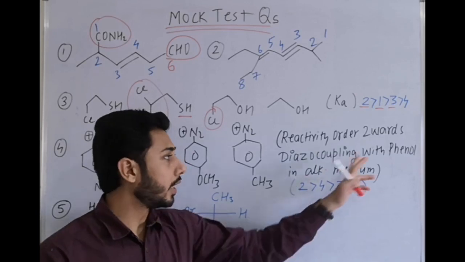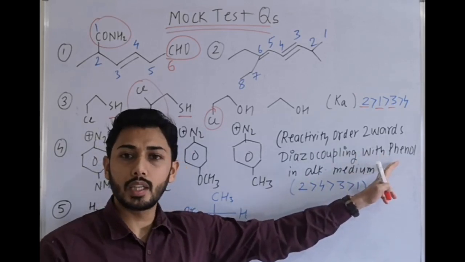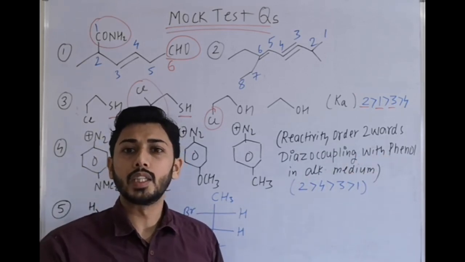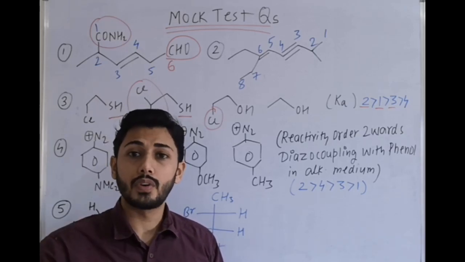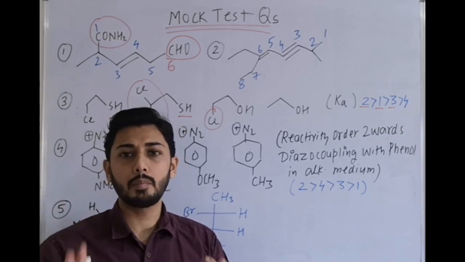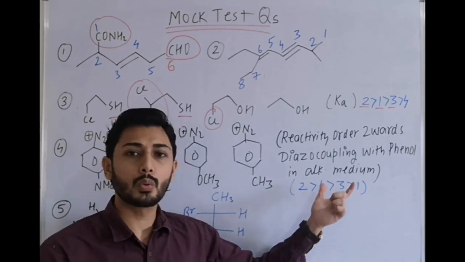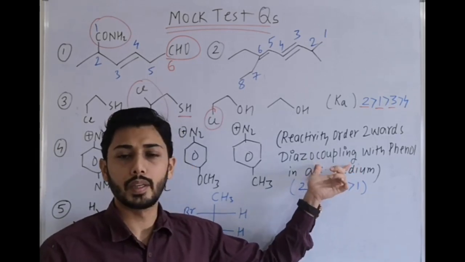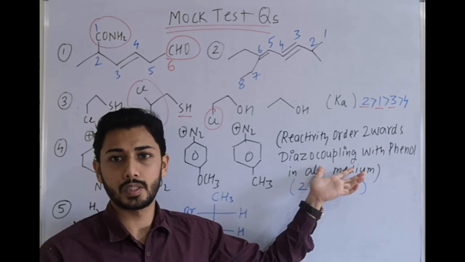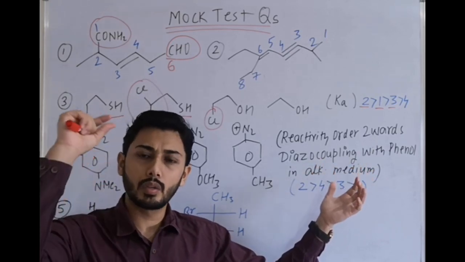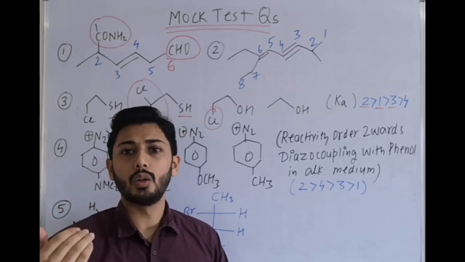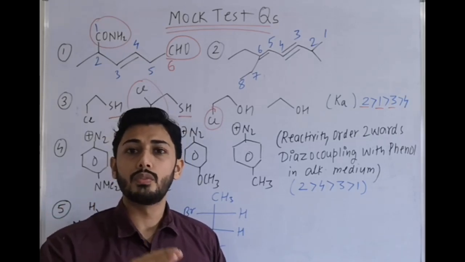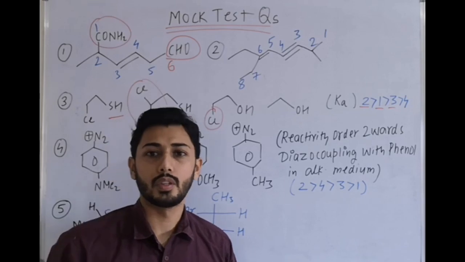And if electron rich rings are given, activated rings, then the more electron releasing groups present on the ring, the faster the rate of reaction. That part I have already explained through examples in diazo coupling reaction in amines. Okay? So now using that point from that video, the more withdrawing groups present on the diazonium salt, the faster will be the rate of reaction.